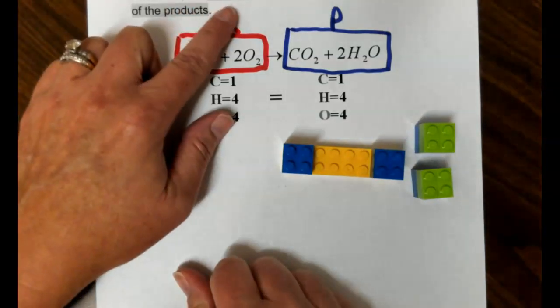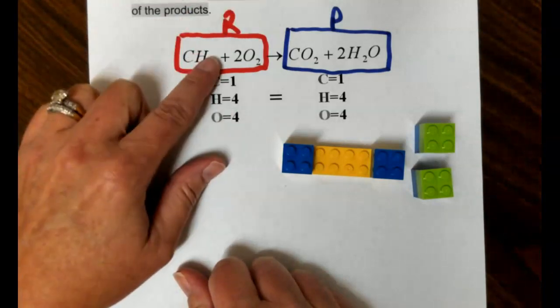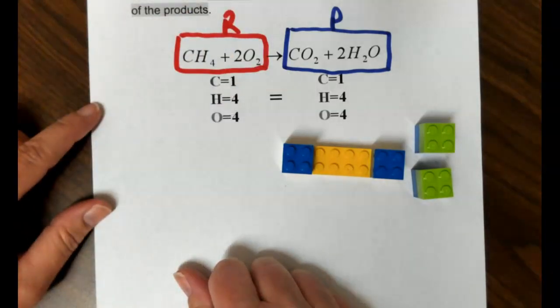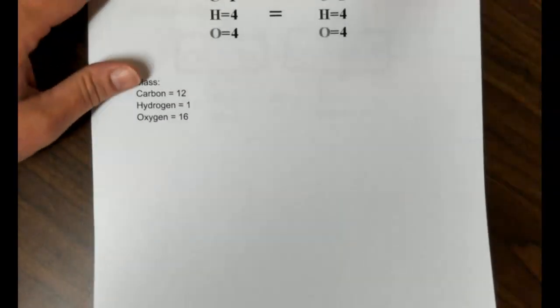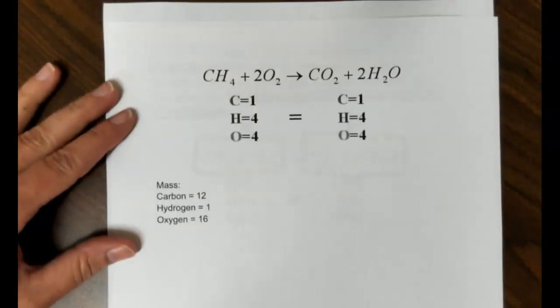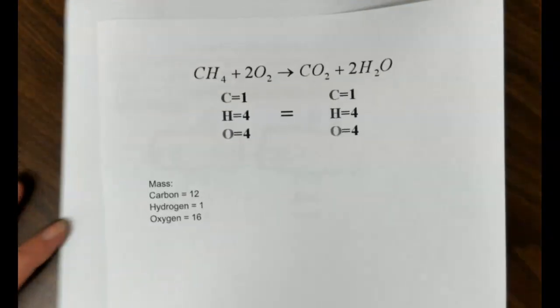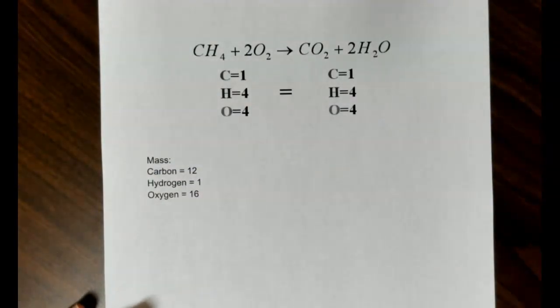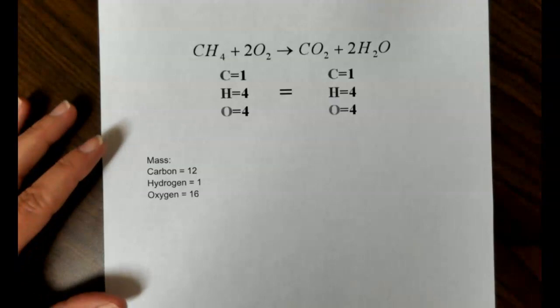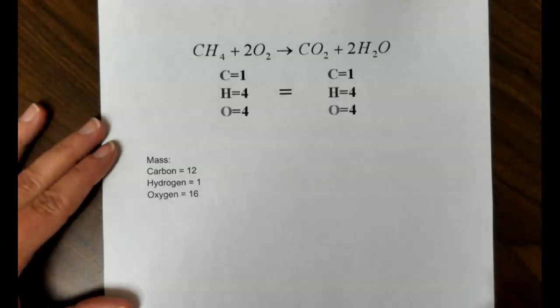So is it true that the mass of the reactants equals the mass of the products? Let's find out. The way we're going to do that, I want to look at the actual mass, and I'm just going to use the mass off of the periodic table. So if we look at that mass, carbon has a mass of 12, hydrogen has a mass of 1, and oxygen has a mass of 16.